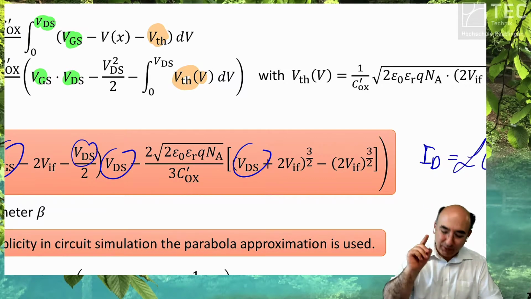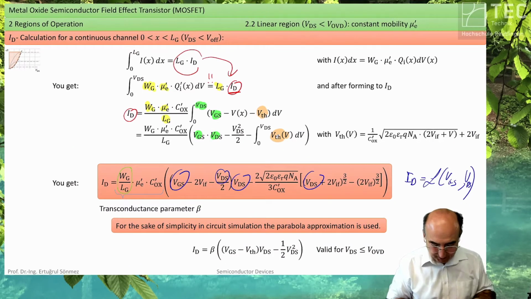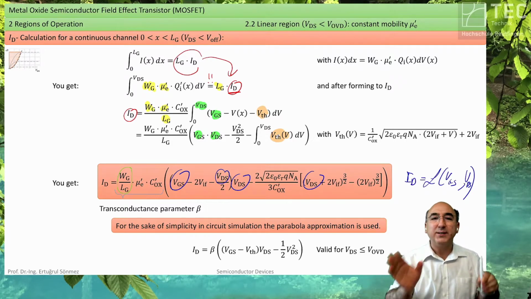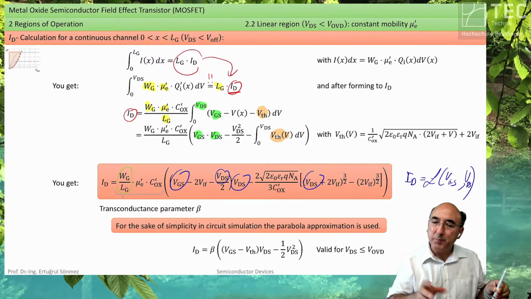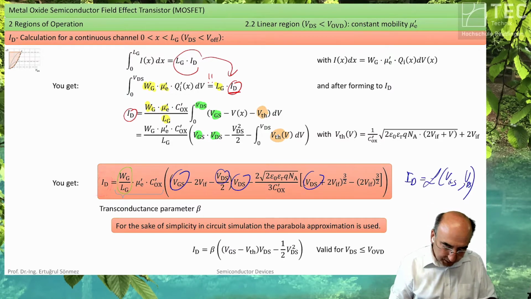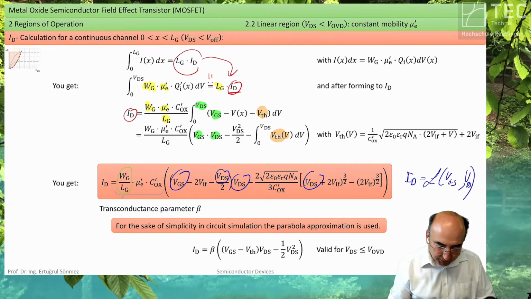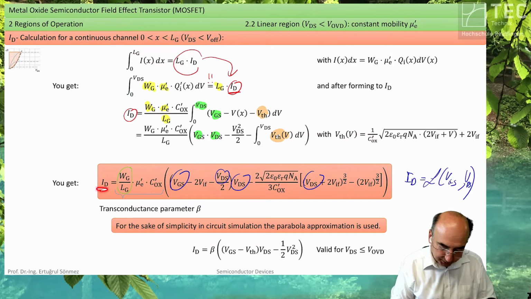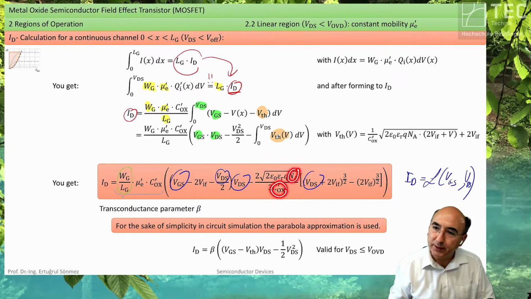That means you can now change all this stuff by designing the required drain current by manipulating the doping level, by changing the oxide thickness.